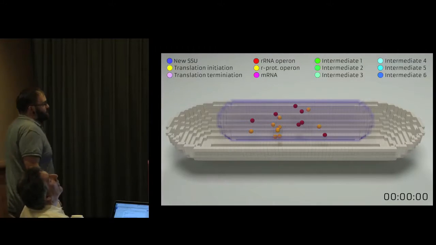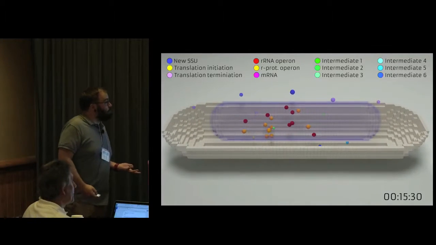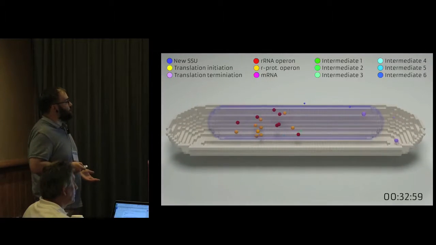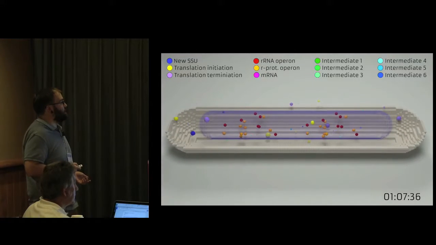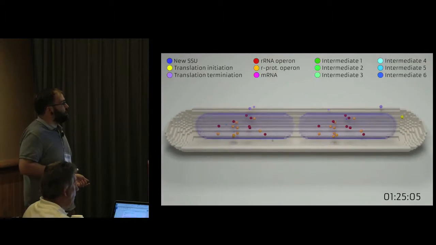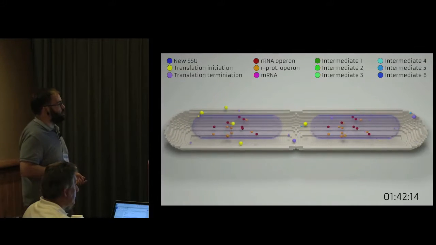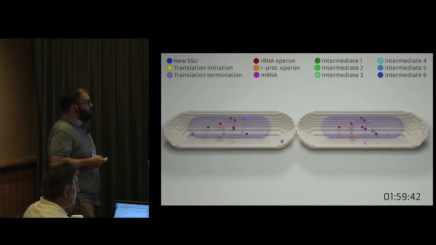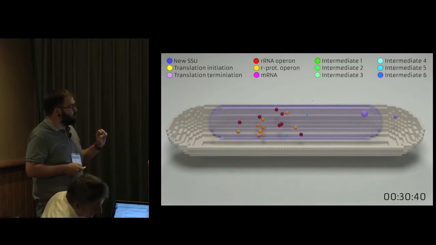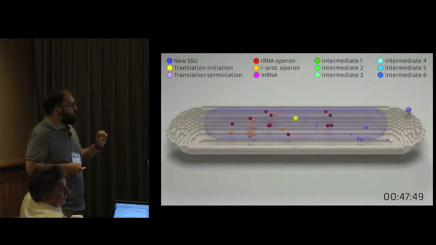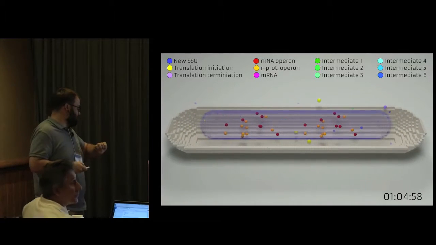Okay, so here's a typical simulation. In addition to the other operons which I labeled prior, I have labeled the translation initiation events and the positions of all the intermediates. So you can see translation initiation can occur in a couple of locations. It can occur near these operons, or it can occur outside the nucleoid region.